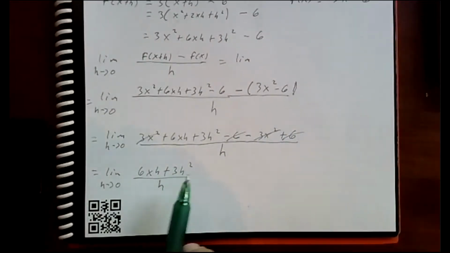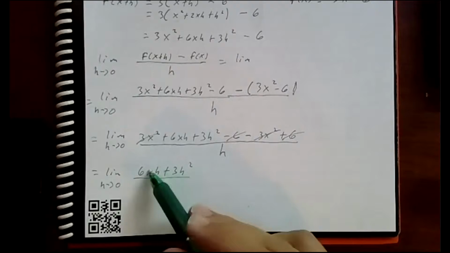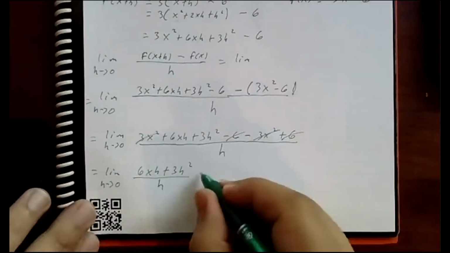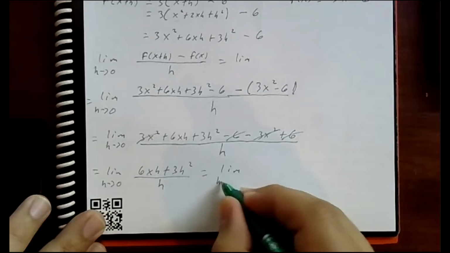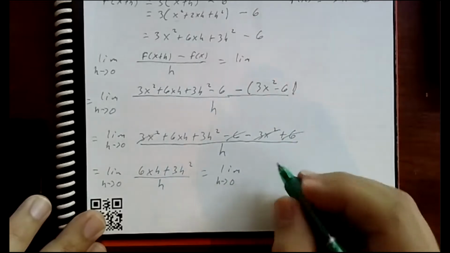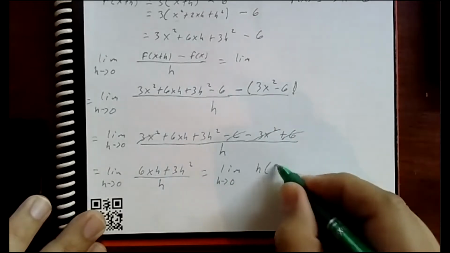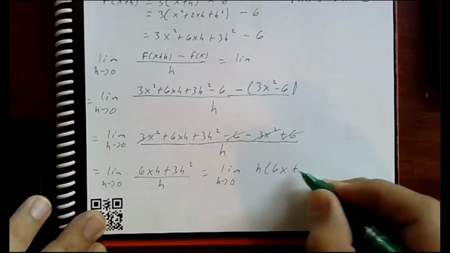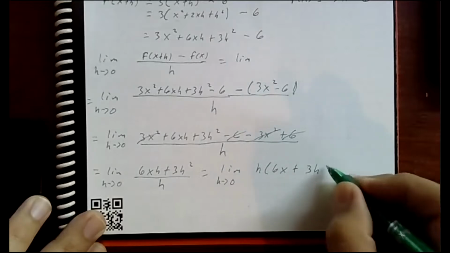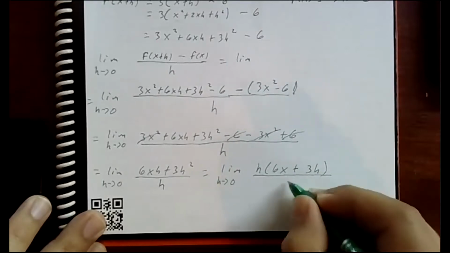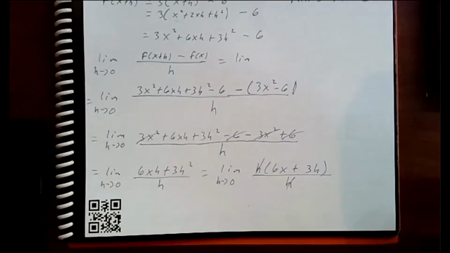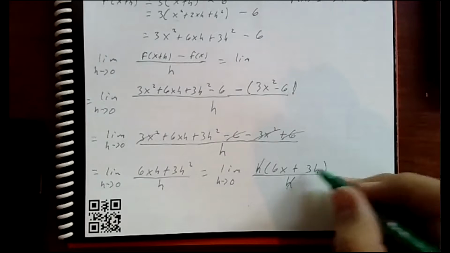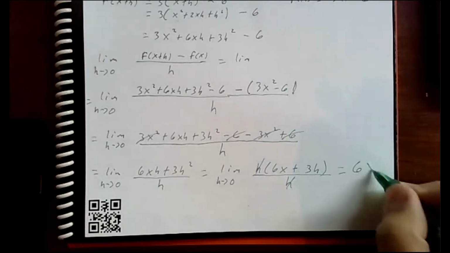So notice we're almost done. You can factor an h out of the top. It's almost like those removable types that we were doing a couple of sections ago. So I'm going to factor that h out, and now it's gone. Now you can take the limit. Just let h go to 0. So you're left with 6x.